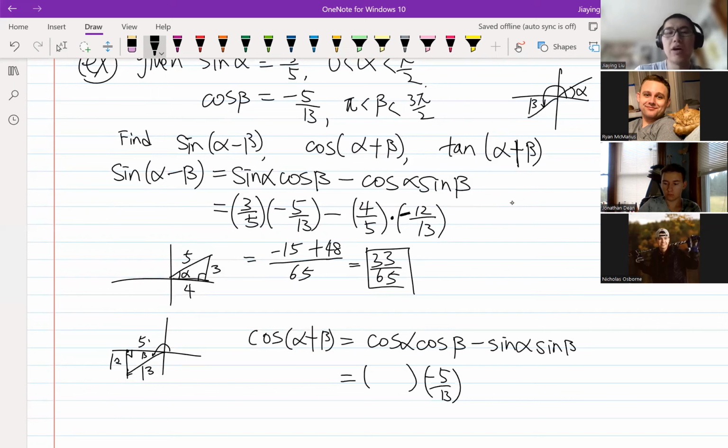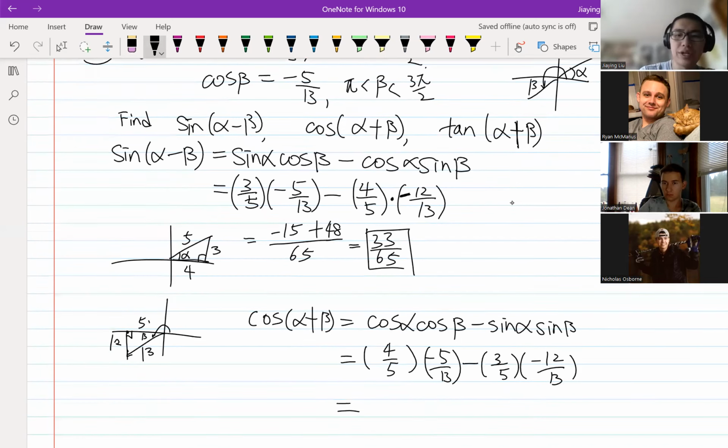You probably said, didn't we find cosine alpha? That's correct, we found it in the previous part. We can plug in cosine alpha, which is 4/5, and then minus sine alpha, which is given, 3/5. Sine beta is not given, but in the previous part, we found that sine beta is -12/13.